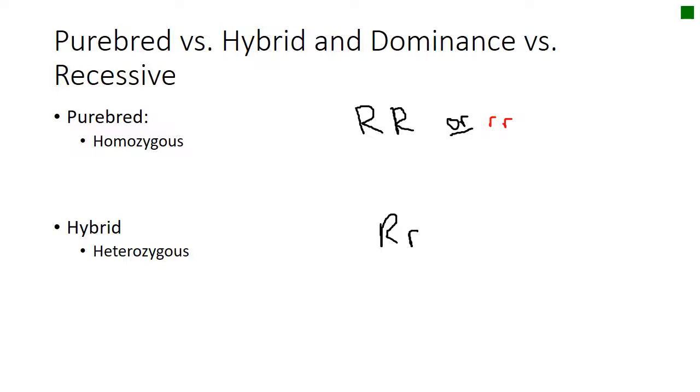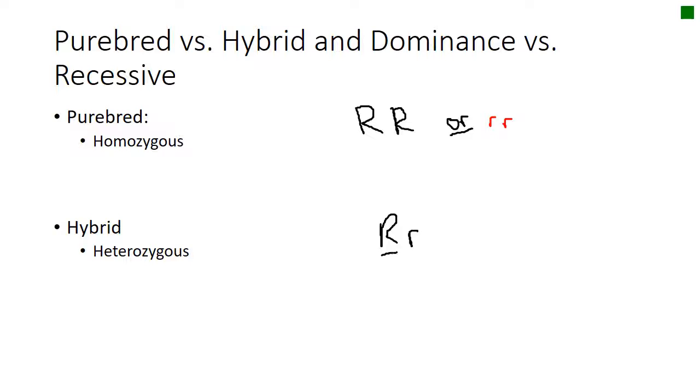Okay, so a hybrid is an offspring that's the result of mating between two genetically different kinds of parents. So homozygous purebreds are the result of mating between genetically similar parents because they both inherit either two dominant alleles or two recessive alleles. And here we have a hybrid as offspring as a result of mating between two genetically different parents.